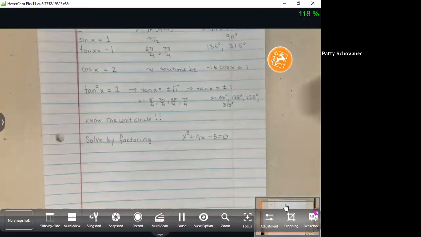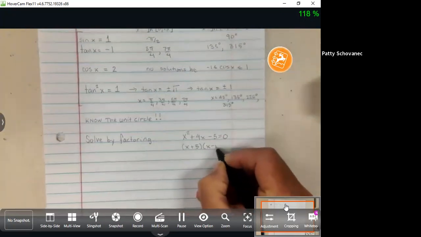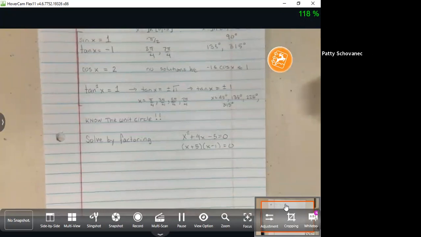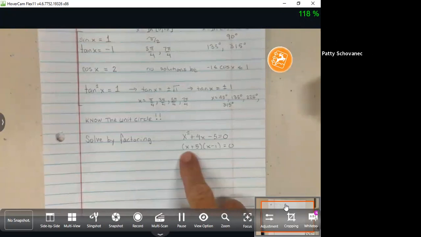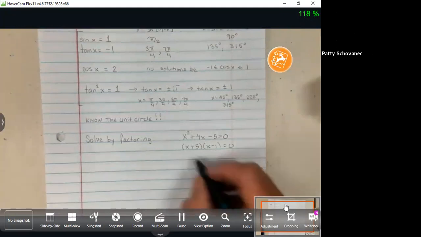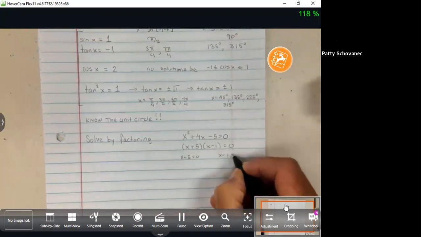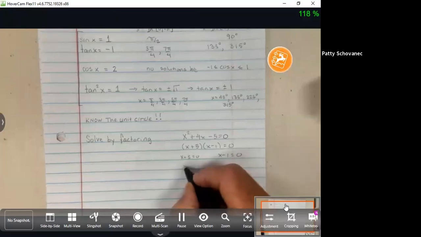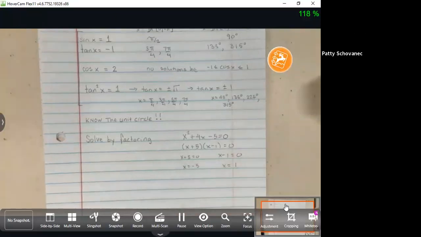And you would write this equation then as x plus 5, x minus 1. If you can write a sum as a product, then that product equal to 0 happens only when either factor is 0. So a product is 0 only when either factor is 0. So I get 2 solutions here. X is -5, x is equal to 1.